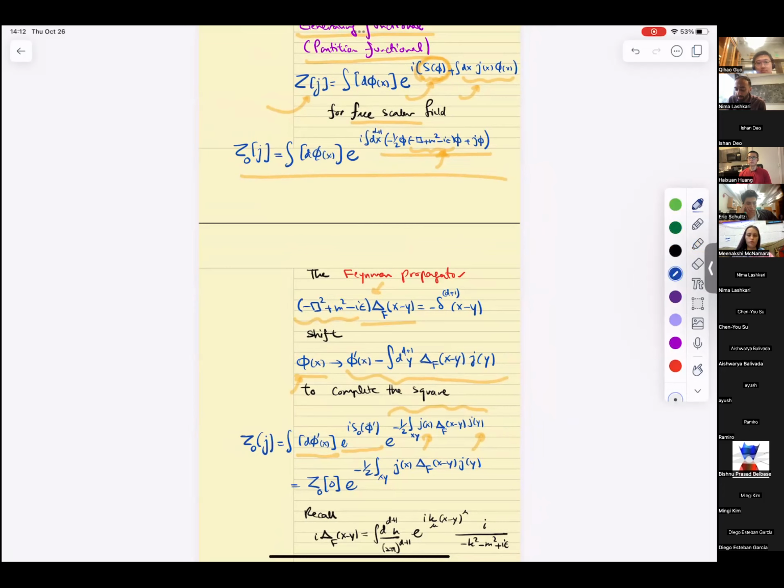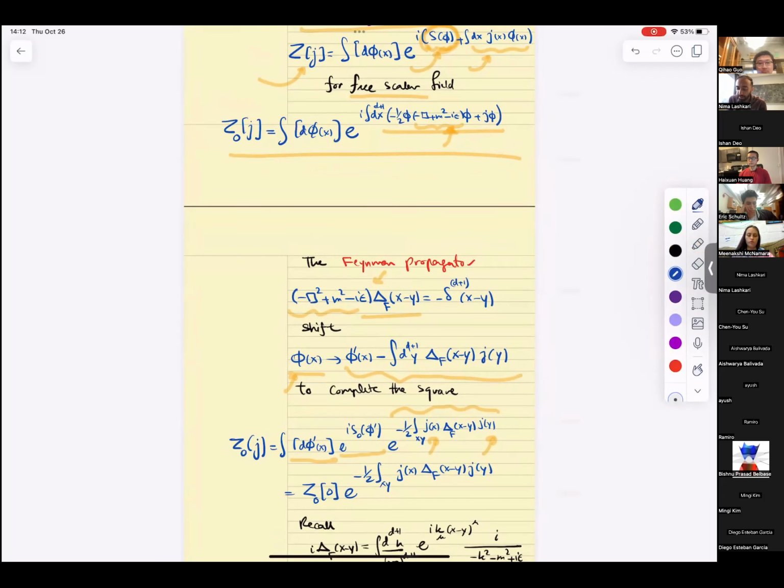Is this clear? It's just really a change of variables. You could do this very quickly and see it. It's sort of like a one-liner. So just take phi of x and write it as phi prime plus this term. There is delta of phi appearing all over the place, but then when this differential operator acts on it, what comes out of it is just the Dirac delta function, so I can perform the integrals.